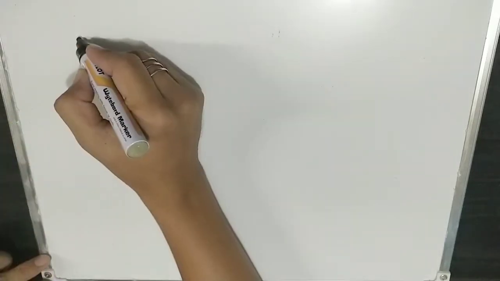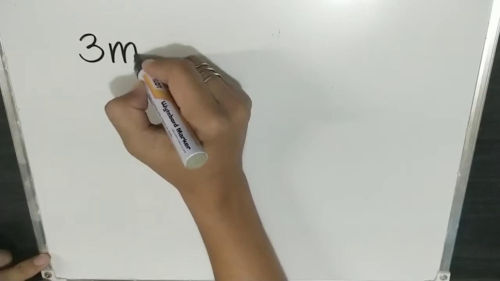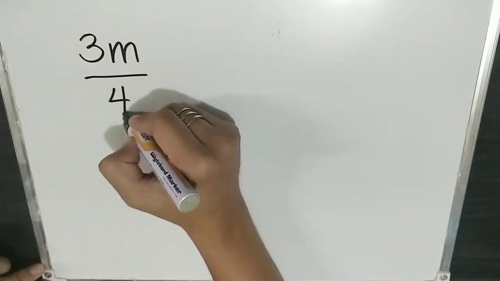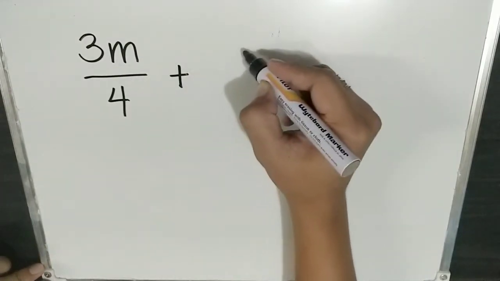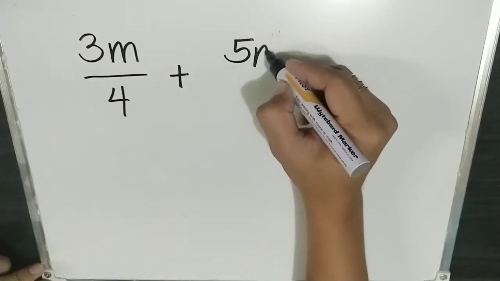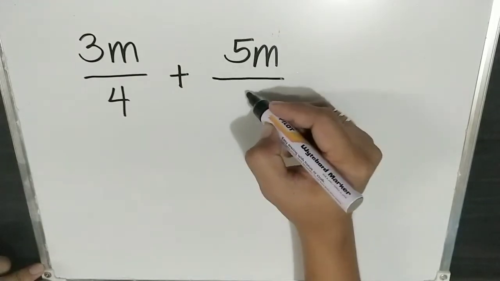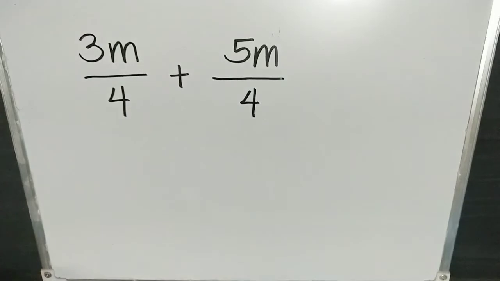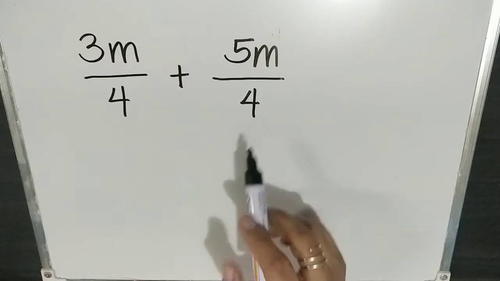Okay, so let's start with an example. 3m over 4 plus 5m over 4. Okay, so we have two rational algebraic expressions, and the denominator is the same. Okay, we have 4 and 4.